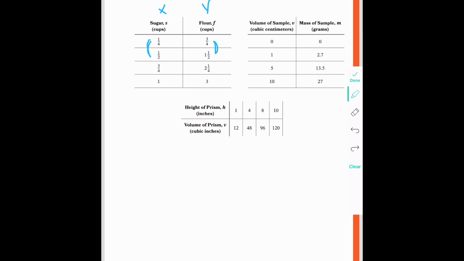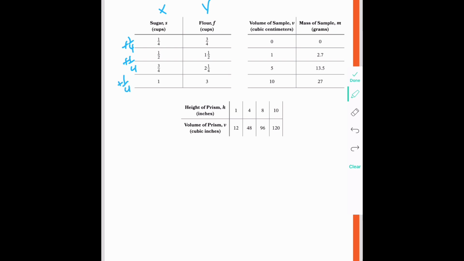And I'll explain what I mean when I say that. So if I look at sugar, right? Sugar's at 1/4. To get from 1/4 to 1/2, you would be adding 1/4. Okay, to get from 1/2 to 3/4, you would be adding 1/4 again. And to get from 3/4 to 1, you would also be adding 1/4.